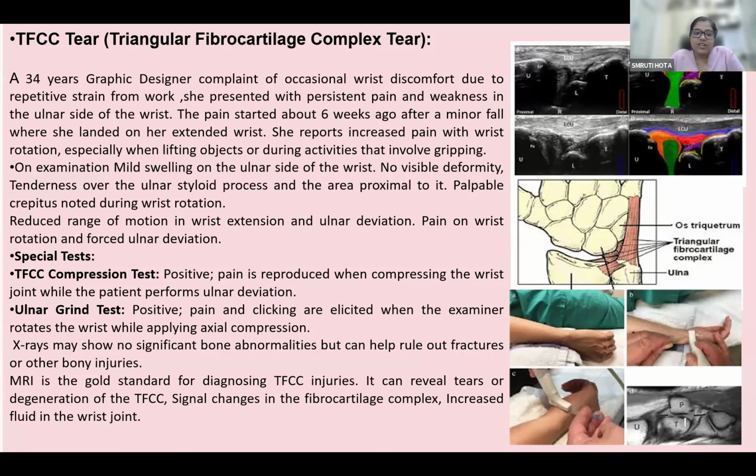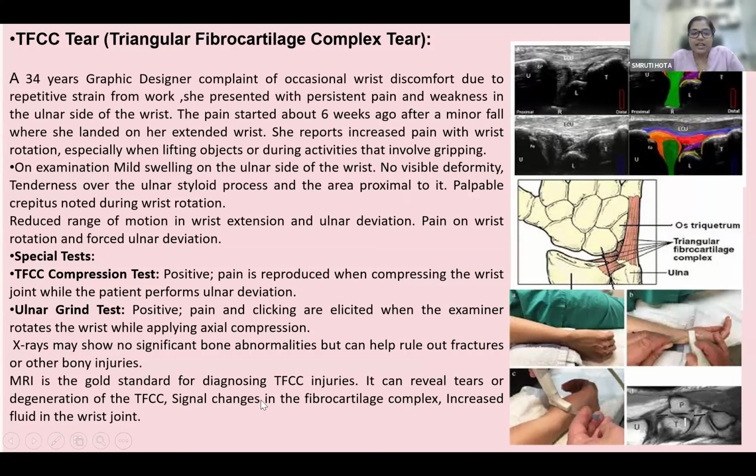X-ray doesn't show any abnormality, but in TFCC injury you can diagnose with ultrasound: you can see there is increased vascularity and hypoechogenicity in this area, the triangular fibrocartilage complex. But MRI is the gold standard for diagnosing TFCC injury.